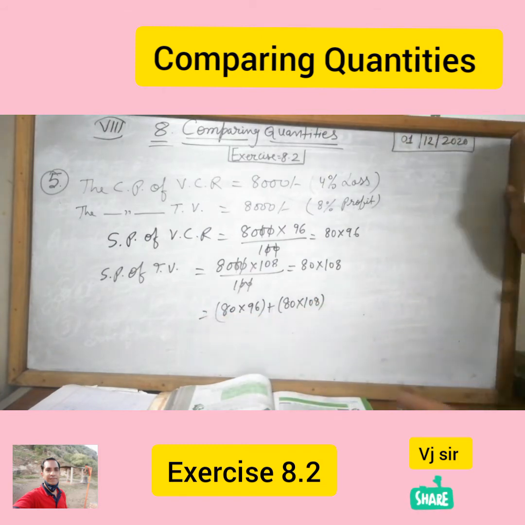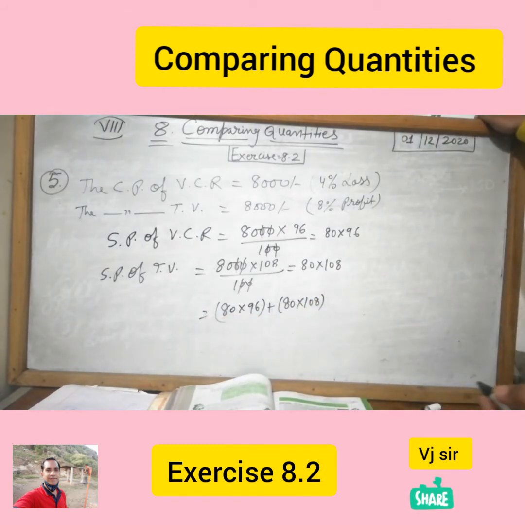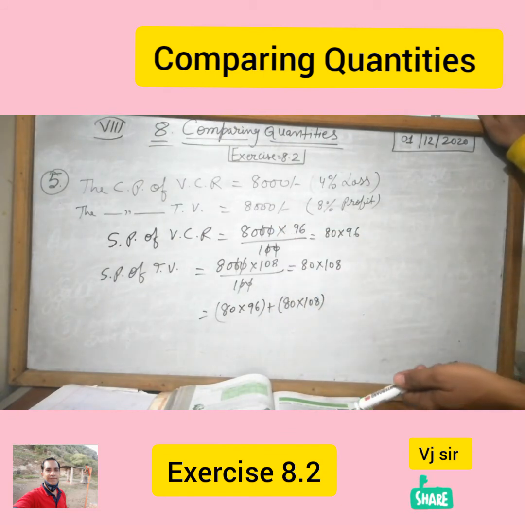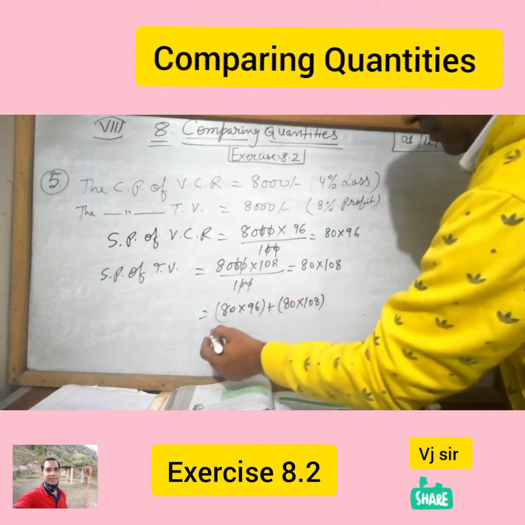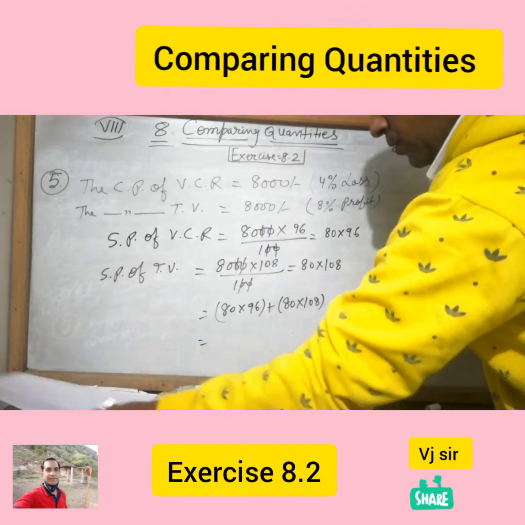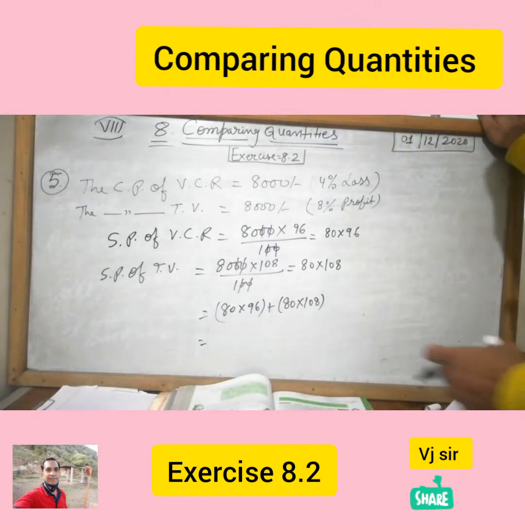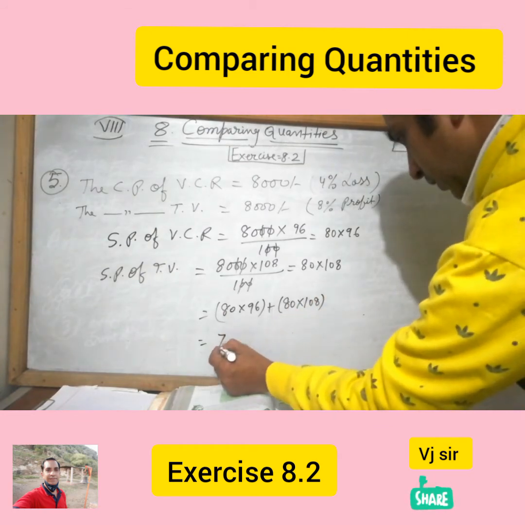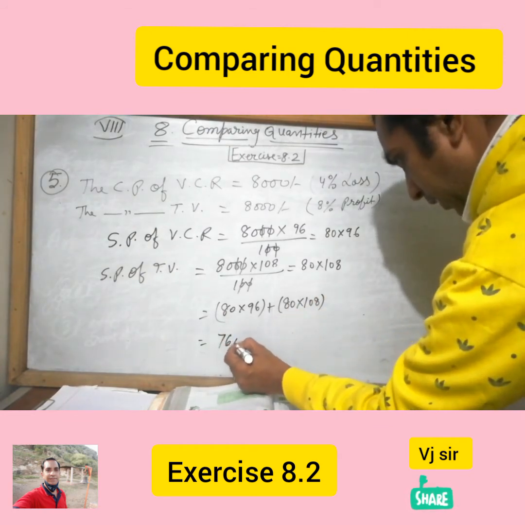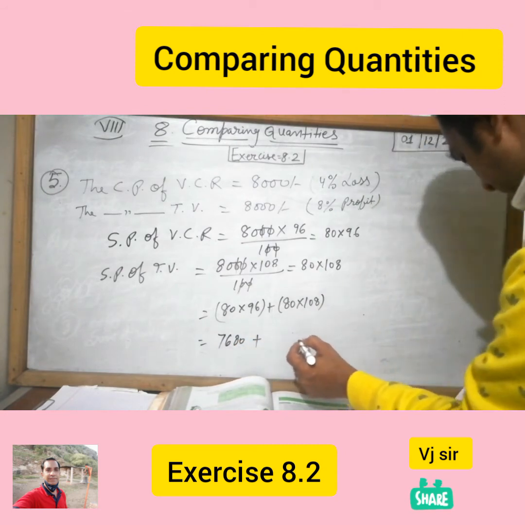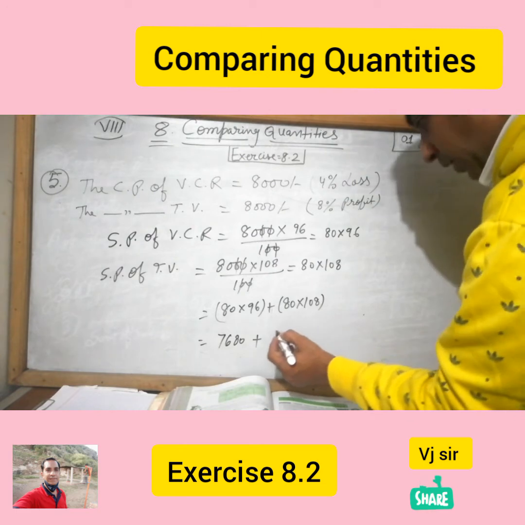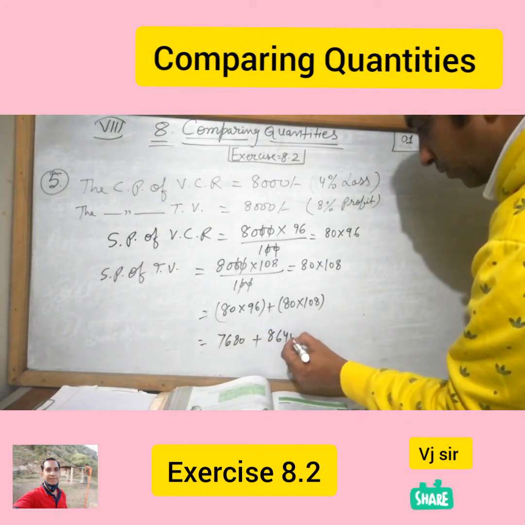So either you can solve it by multiplying and then adding the numbers, then you will get the answer, or you can solve it by the other method. If you multiply, we will get 7680, plus 80 multiplied by 108 is 8640.